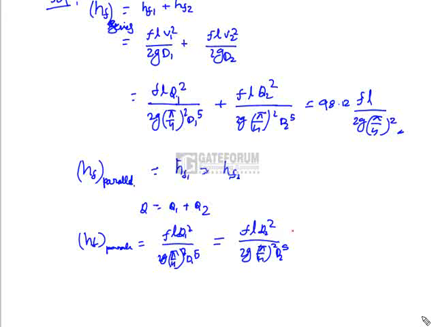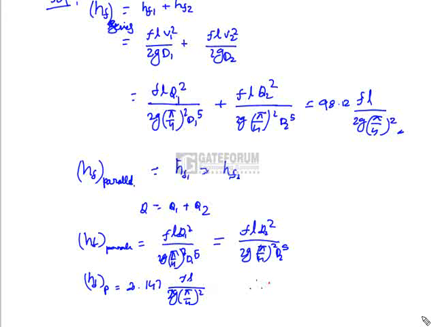Here we can get HF parallel is 2.147 into FL by 2G into pi by 4 whole square.